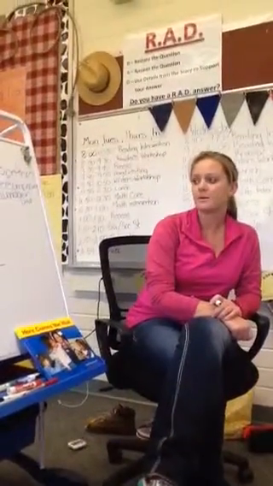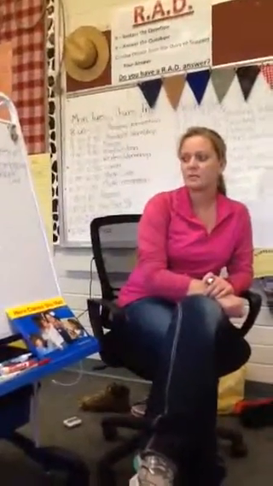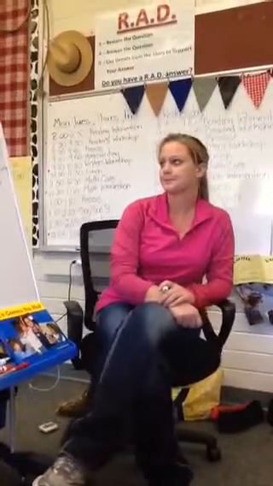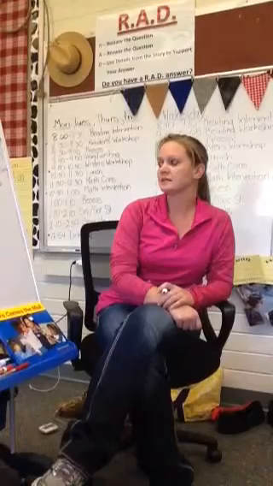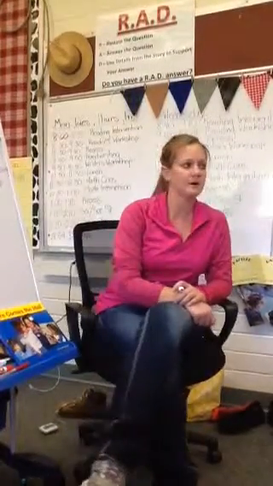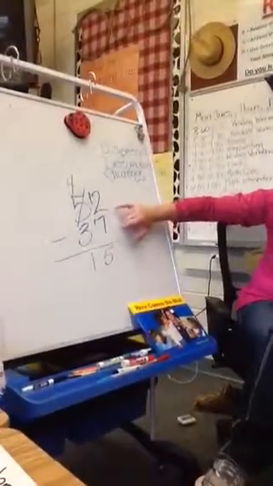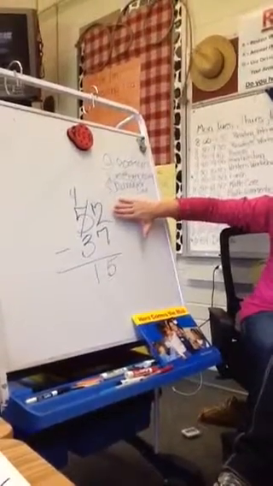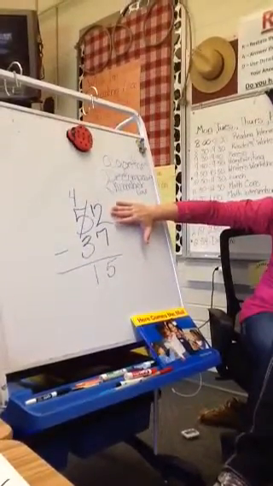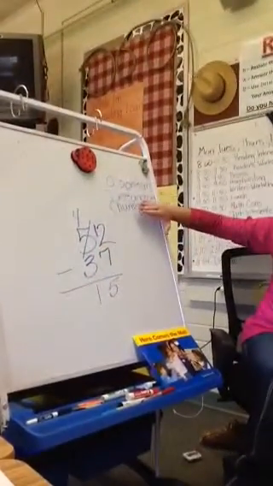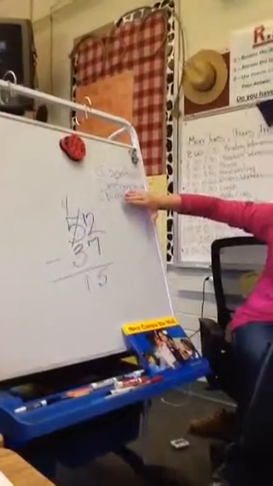Okay. Boys and girls, when I get to a problem where I don't have enough in the ones, so I had to go to my neighbor and borrow, it gets very hard to decompose.